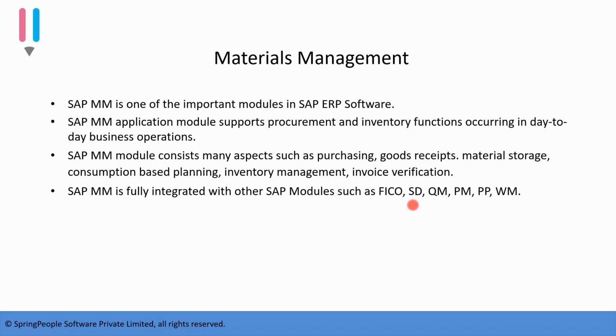If any person wants to sell something, then they should either manufacture it or procure it. So whenever there is a requirement from the SD module or a sales department, then either it will be manufactured or procured. If it is a procurement, then the system will automatically generate the requirement. This is the integration between SD and MM.